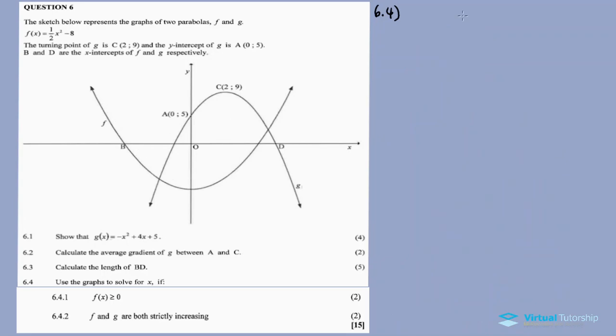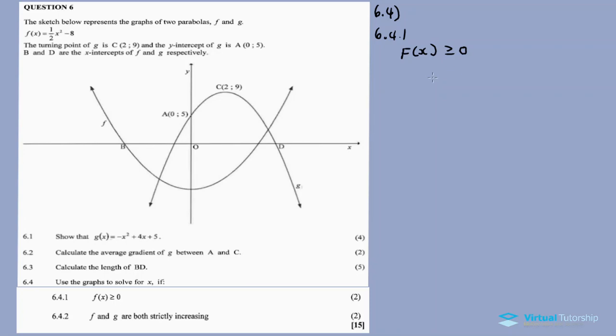Okay, now 6.4.1. We want to solve for x, or find the values of x where f of x is greater than 0. Use the graphs. So this one is not done algebraically, of course.